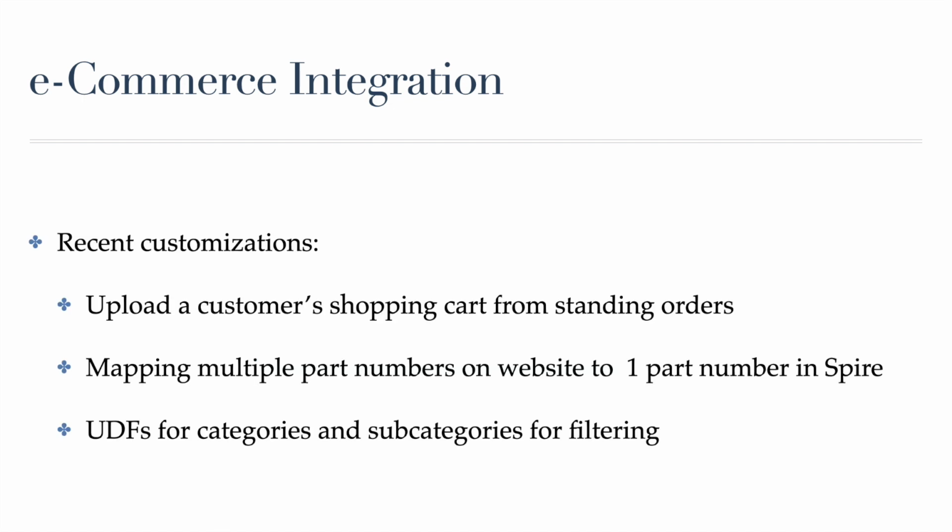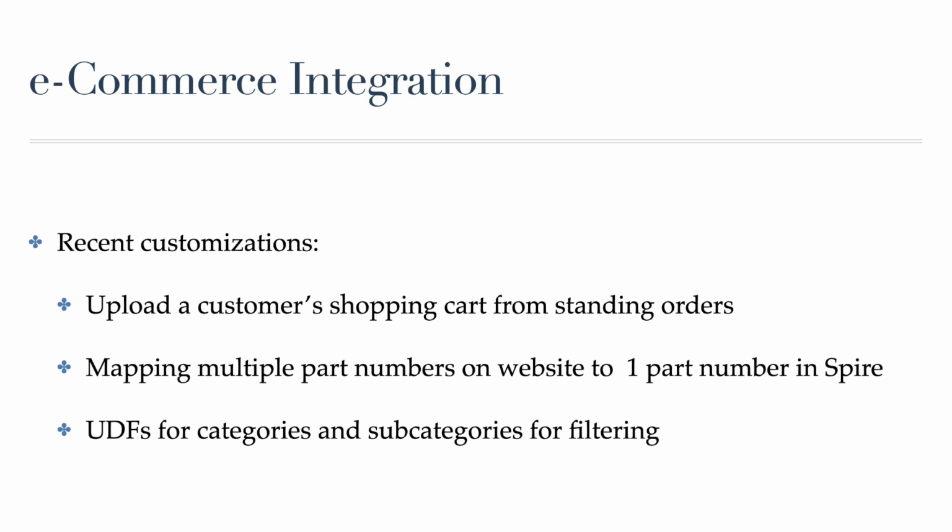We can also customize your e-commerce integration to suit your particular needs, so long as the platform's API is capable. Examples of a customization include uploading standing orders from Spire already loaded with the customer's allowed products so that customer can sign in directly to their shopping cart, edit each item's quantity, and place their order.